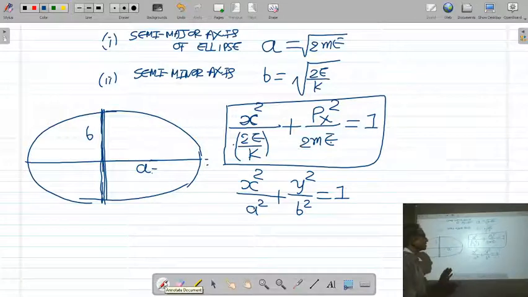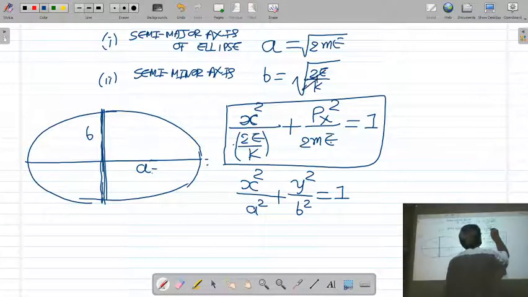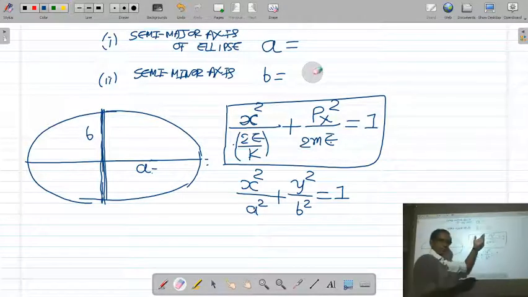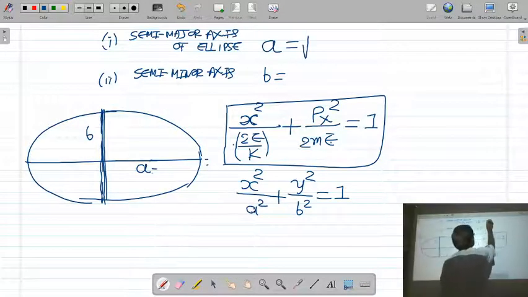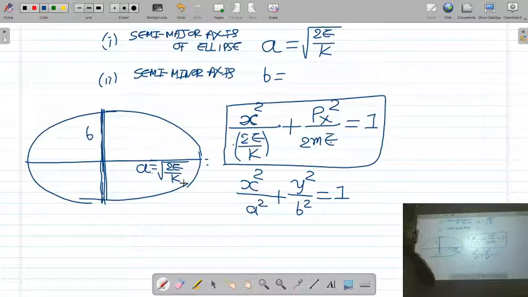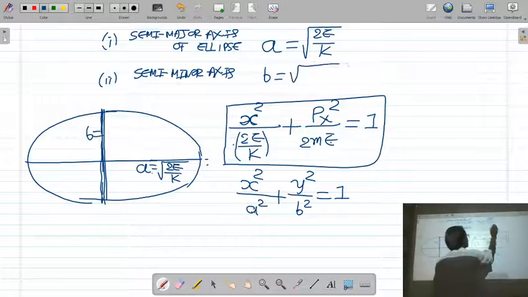If you compare, then the semi-major axis A will be under root 2E by k, so all the axes are interchanged. And if you compare the second term, the semi-minor axis of the ellipse B will be under root 2mE.